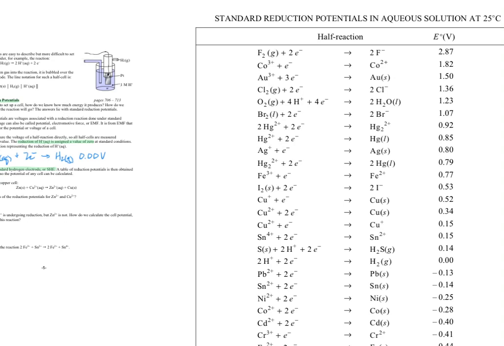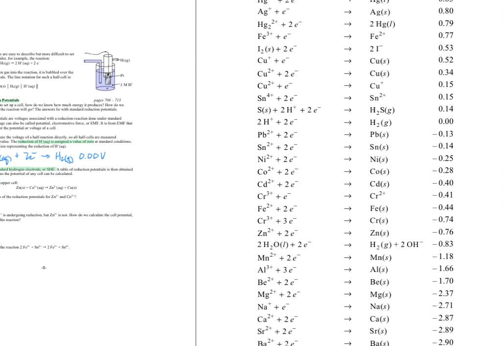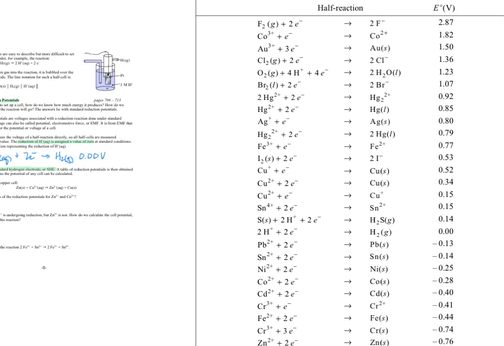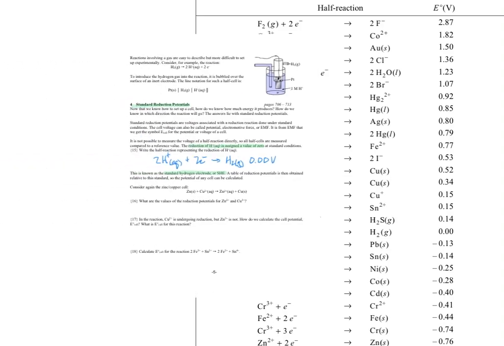All right, so you can see we have a lot of values here, and so we can do a lot of combinations of reductions and oxidations to build our galvanic cells. So what I want to do is talk about how exactly we form the 1.10 volts for that copper zinc. So let me bring back the notes here.